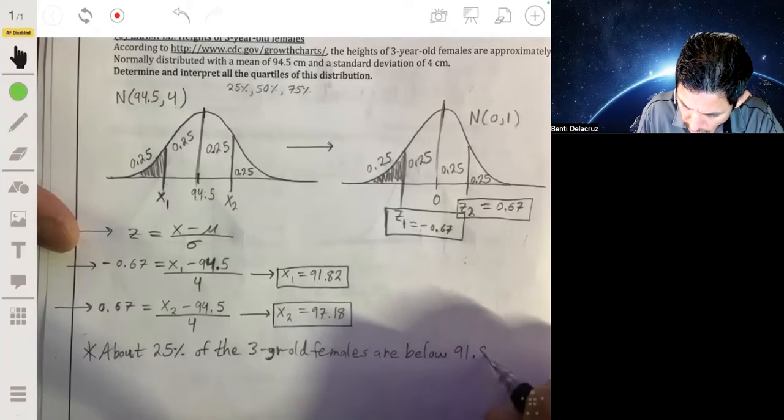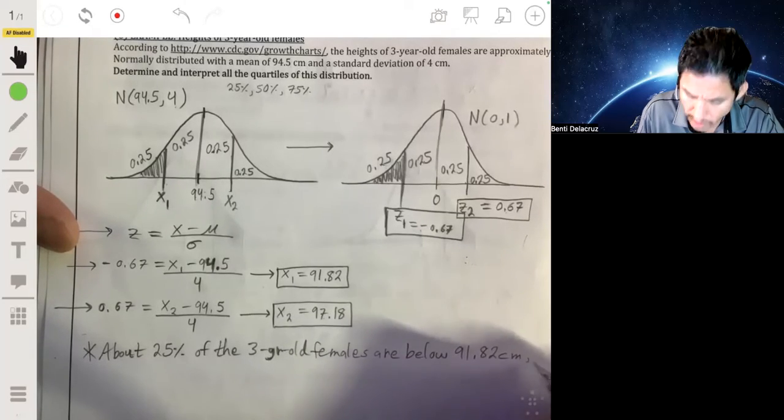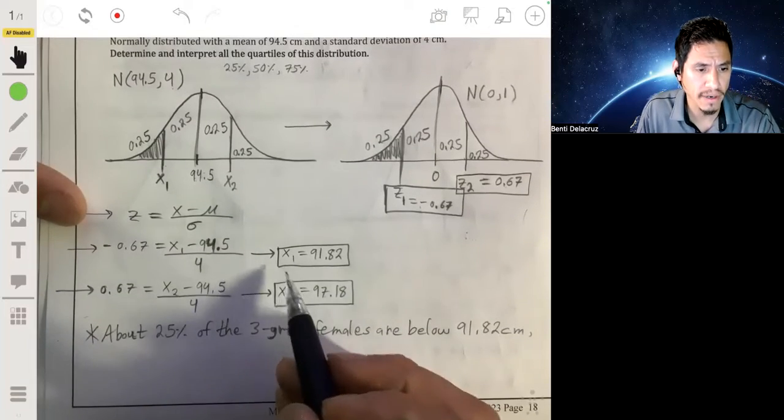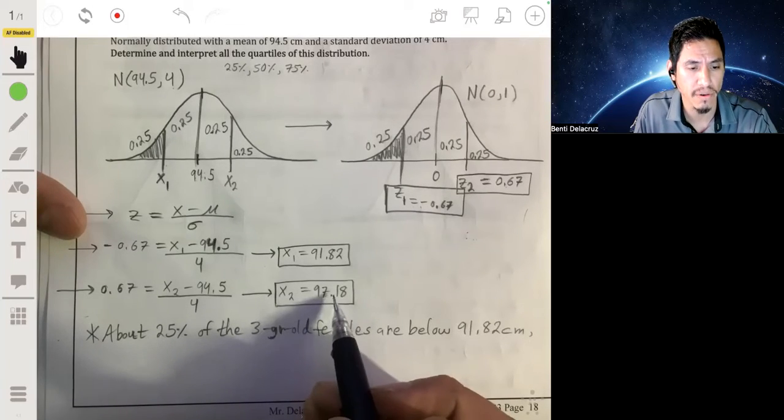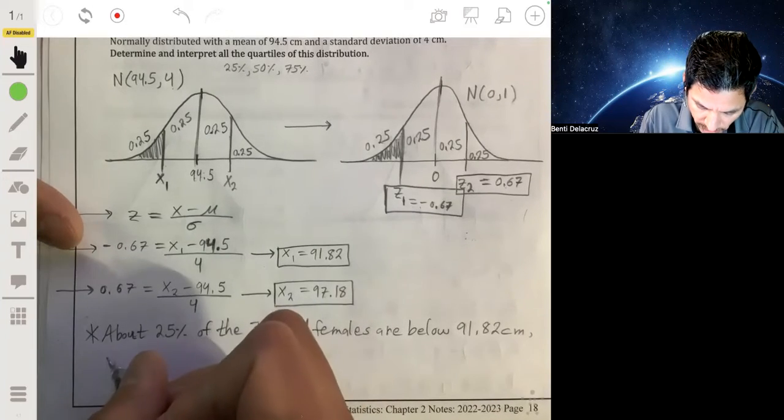And about 75% of the 3-year-old females are below 97.18 centimeters.